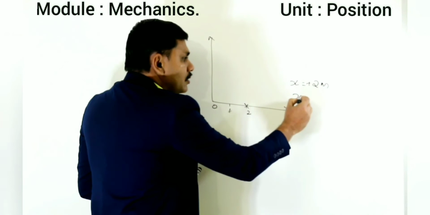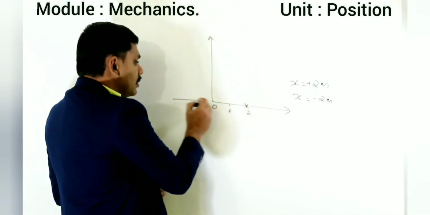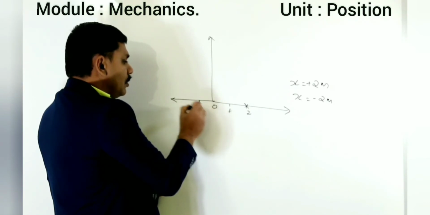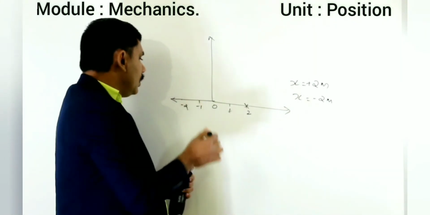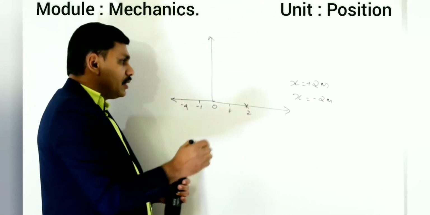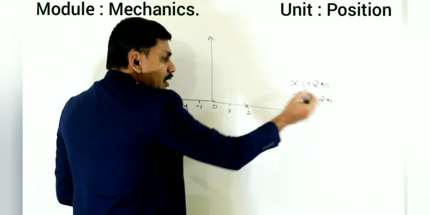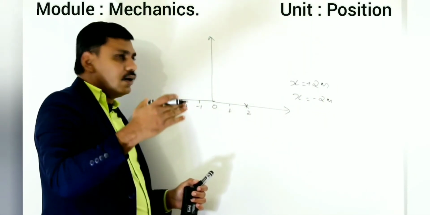If I mark x equal to minus 2 meter, here it is the position, minus 1, minus 2. So x equal to minus 2 is the left side of the axis. Minus stands for left, plus stands for right.